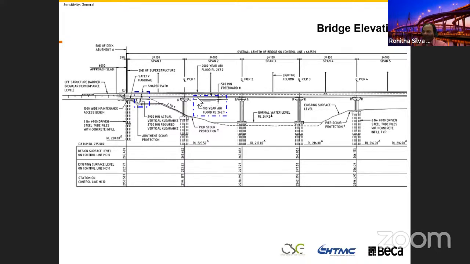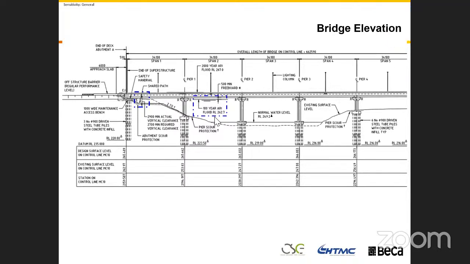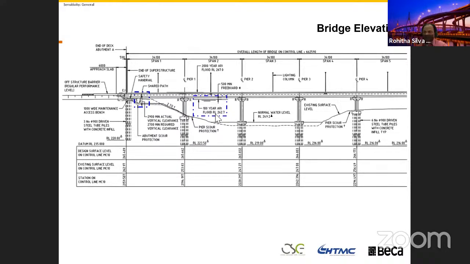Then you can see I have a box here that says 100-year ARI flood level. Above this line, I have another straight line going all the way across. That is the bridge soffit. On your left-hand corner of this elevation, I have another box, with a vertical arrow, though you might not see it properly.